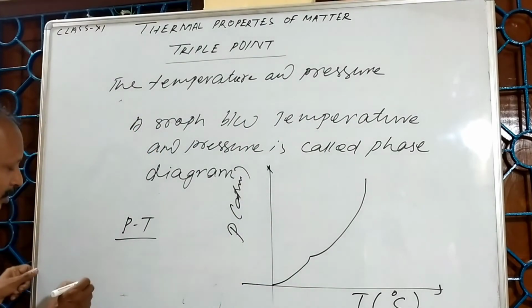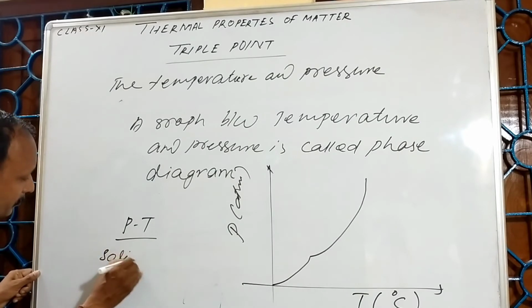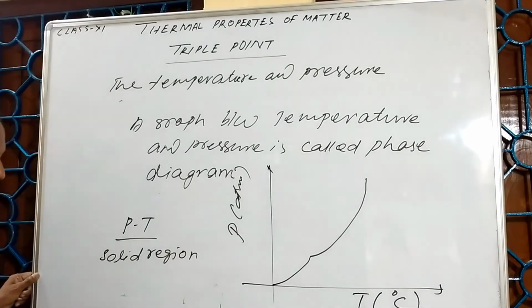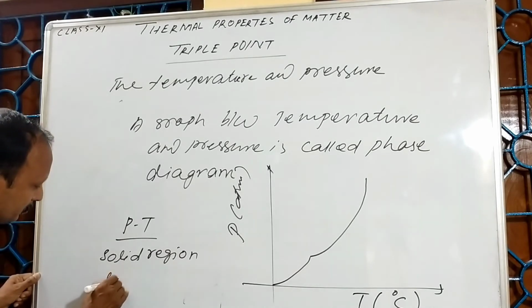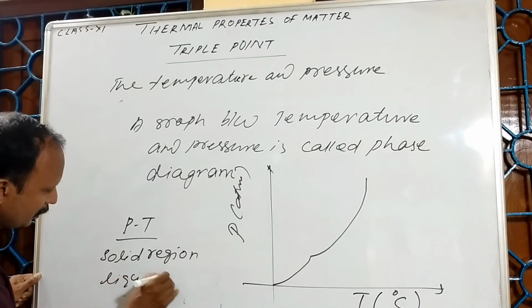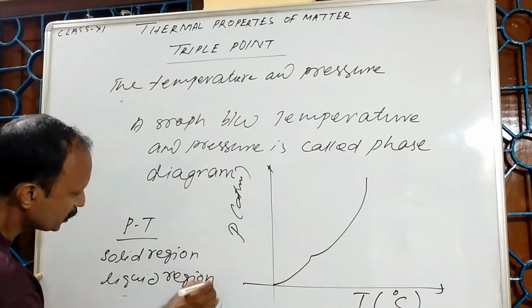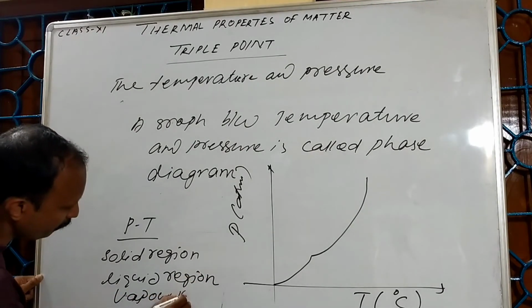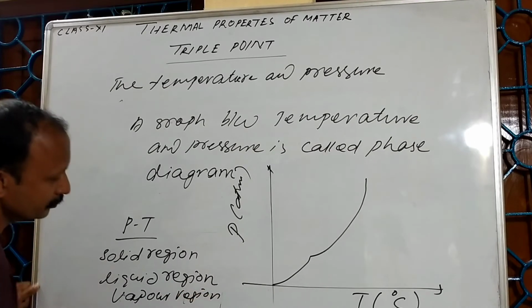What are the three regions? One is the solid region, one is the liquid region, one is the vapor region.